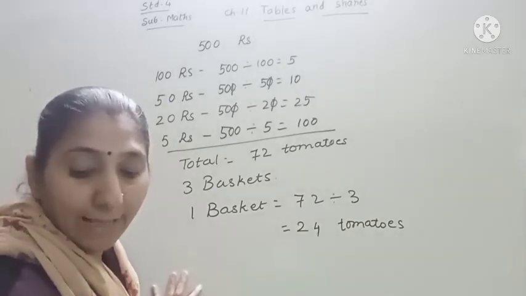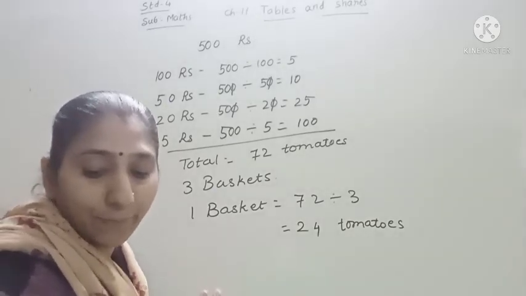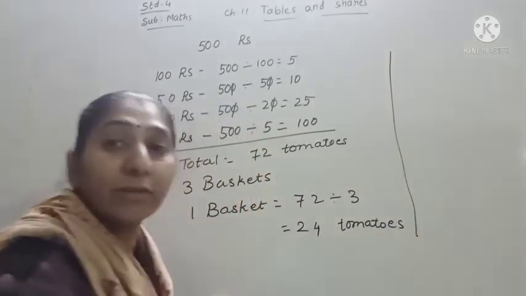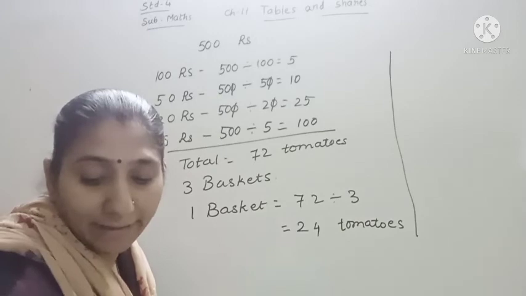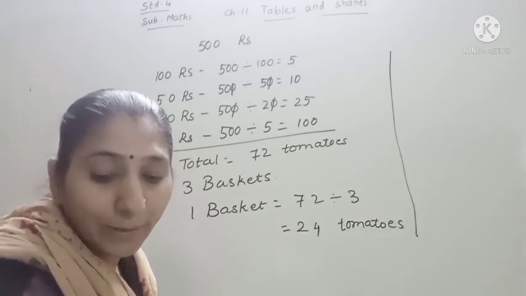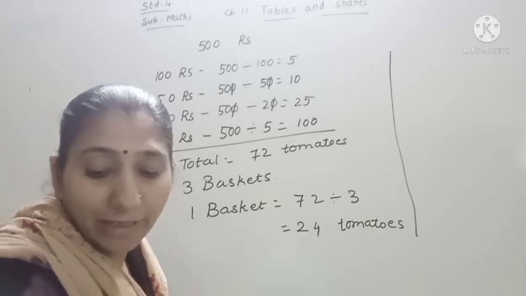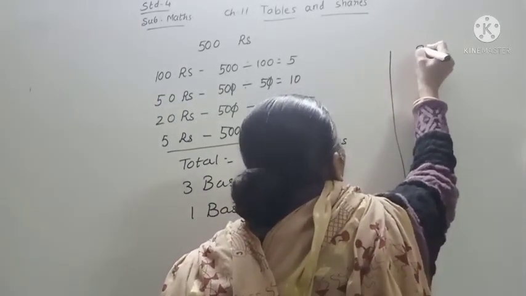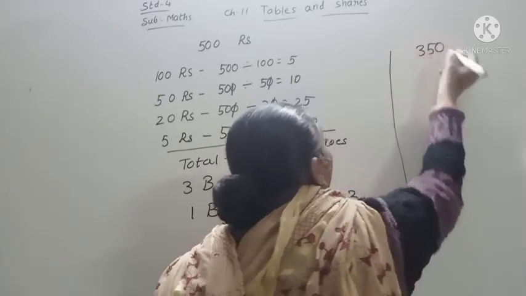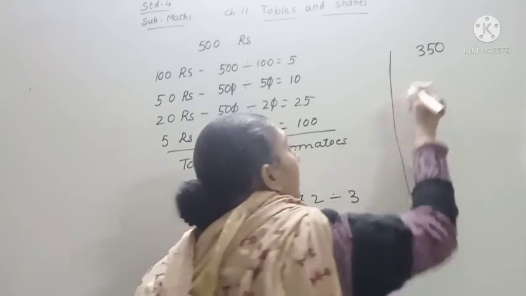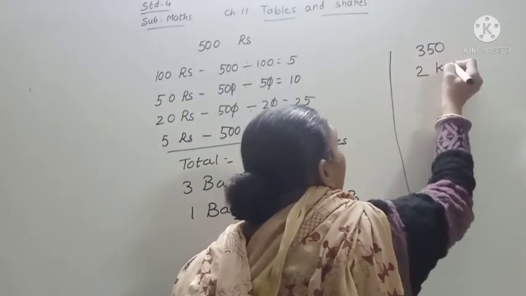Now the next, there are 350 bricks in a hand cart. Binod found the weight of a brick to be 2 kg. What will be the weight of all the bricks? How many bricks are there totally? 350. What is the weight of one brick? 2 kg.